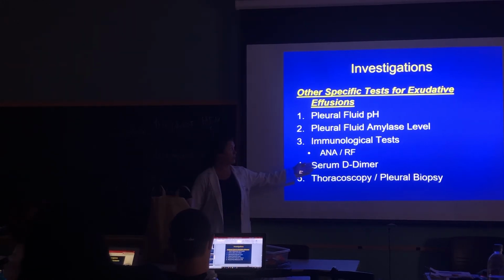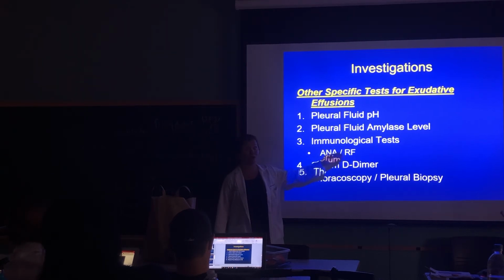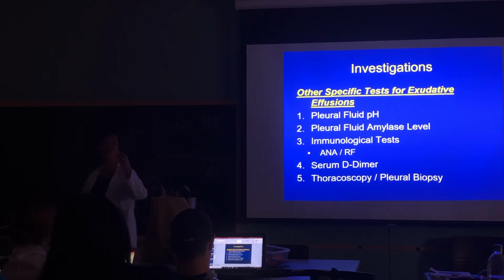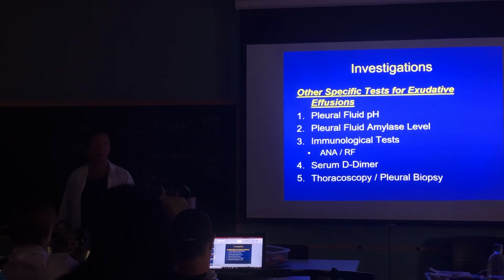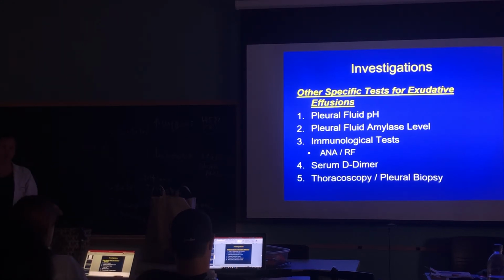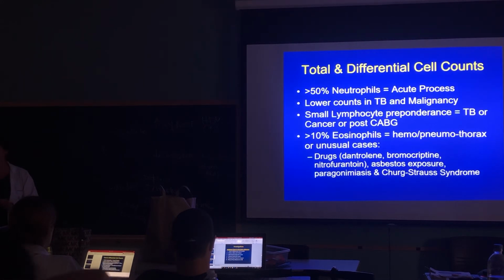You could do D-dimers, so you could do ANA, you could do RF, you could do all the markers of the autoimmune diseases in thoracentesis. Alright? You could do D-dimer, you could do a lot of things. You could do amylase, you could do lipase, if you're thinking about pancreatitis. Okay? I understand that you would do it in serum as well, but you could do it in thoracentesis to match.